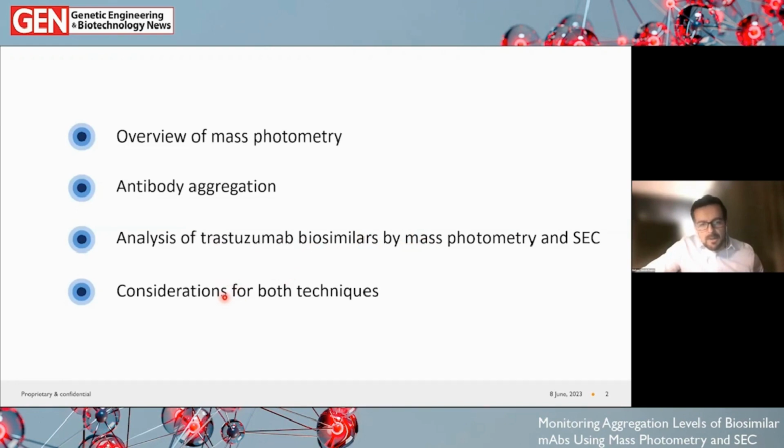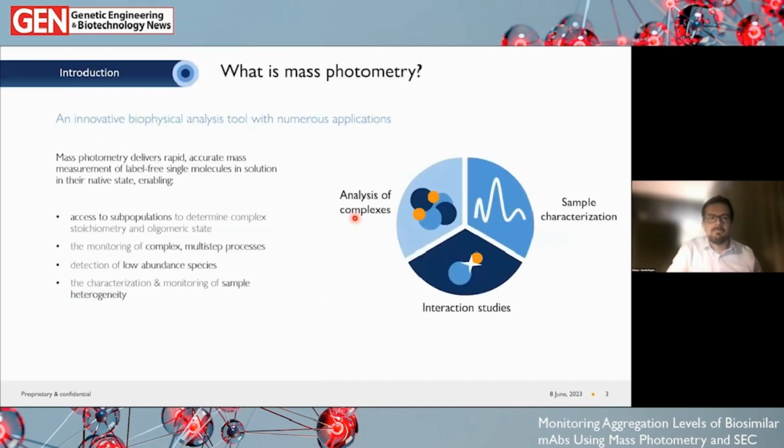And then we'll have a look into some of the considerations for both techniques, because as I'm sure a lot of the people attending this webinar will be more than well aware, there's a very broad range of bioanalytical tools out there for looking at things like this, and often each one will have a series of pros and cons. So it's quite common, where the detection of aggregation and other critical quality attributes is concerned, to utilize a suite of different analytical techniques.